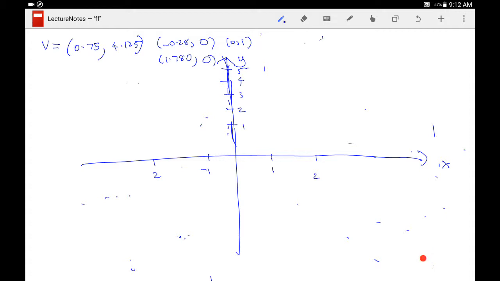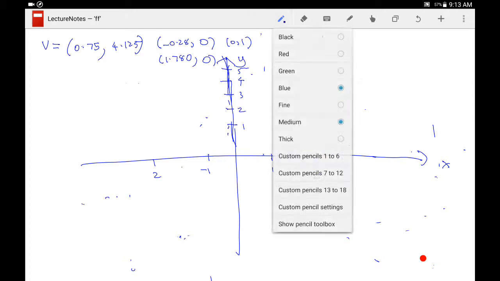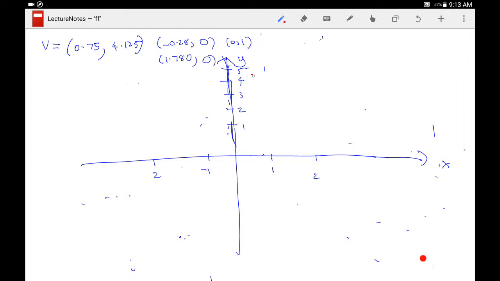So 0.75 is 3 quarters here, around here, and 4.125 is just a little bit above 4, so I'll mark it here.